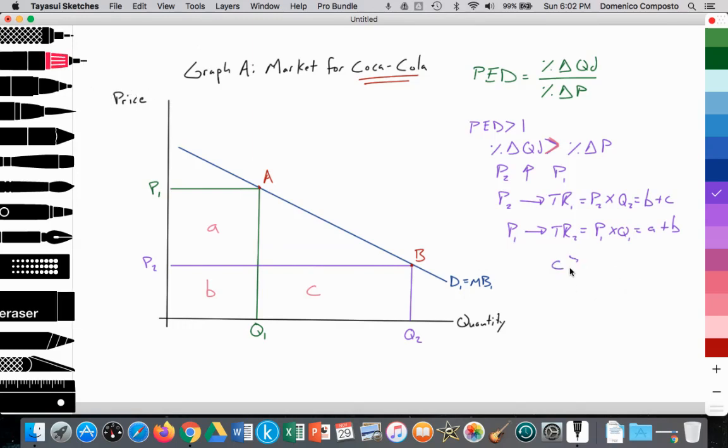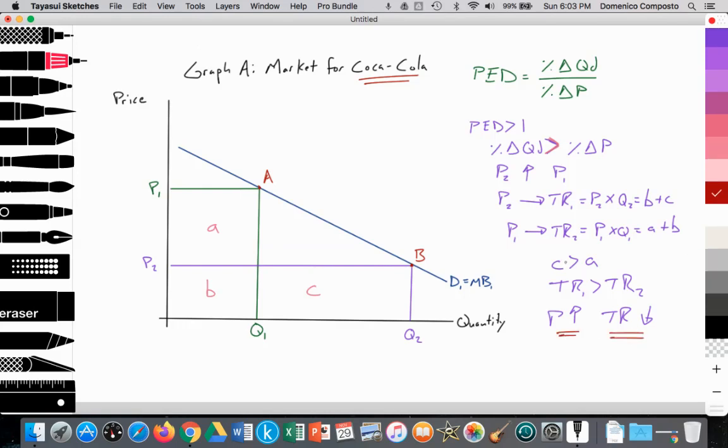Since area C is greater than area A, total revenue 1 was greater than total revenue 2. So thus, as the firm raises price, total revenue is falling. So that was a bad idea to raise price from P2 to P1 because they had much more total revenue with areas B and C than with areas A and B. So the firm is losing money. So the rise in price leads to a fall in total revenue.